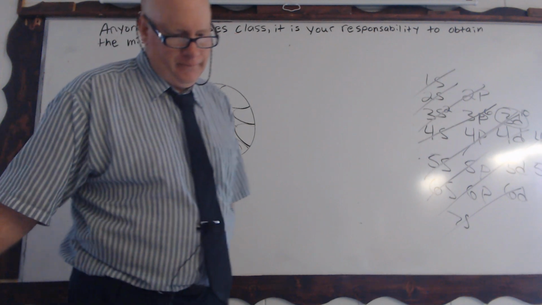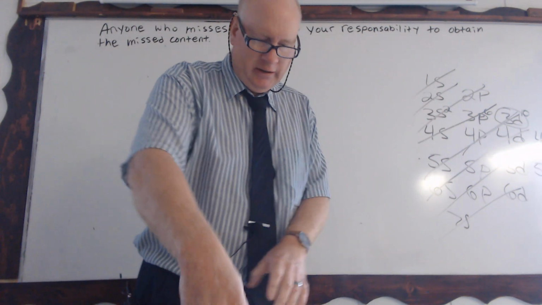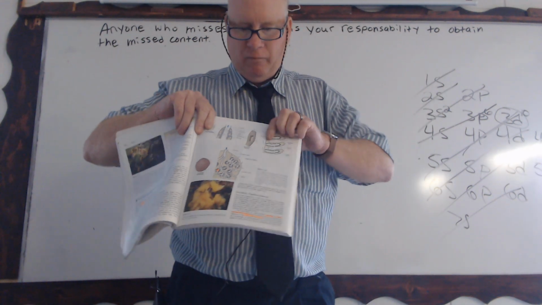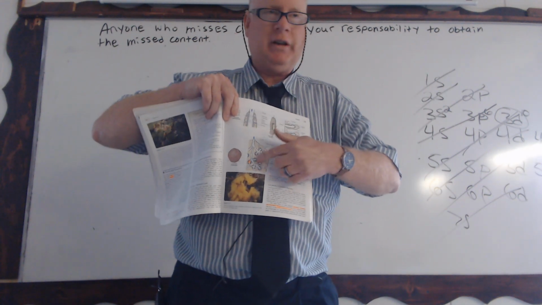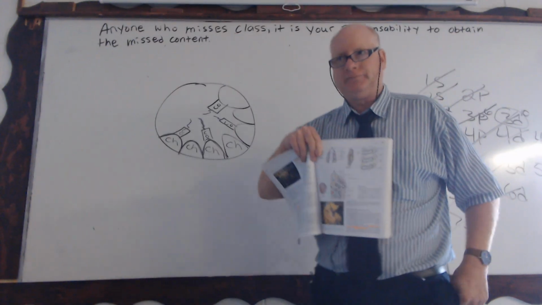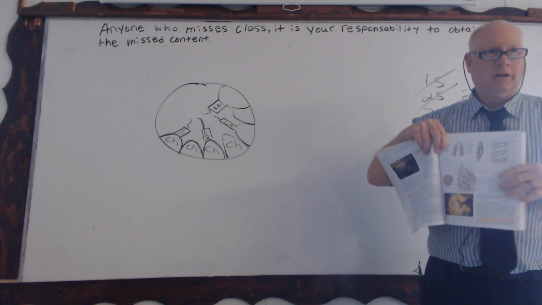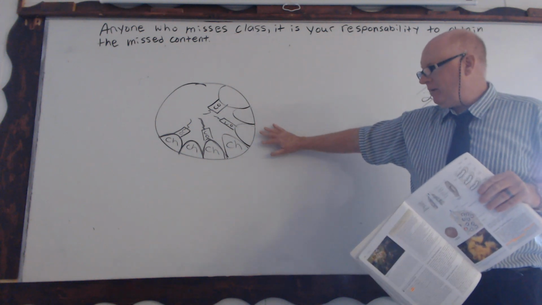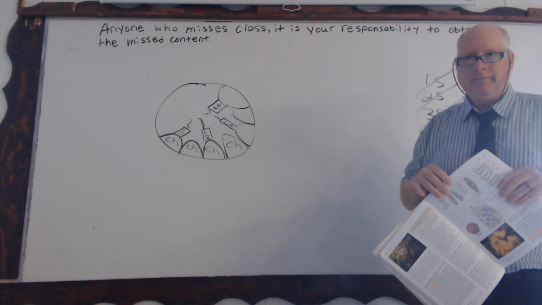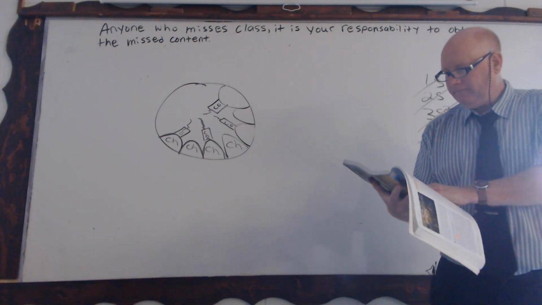Is it the top one here? Is it one like this, or do you think it's one like this? If you look up at the board, that would be a clue. Where do you see something similar to this? Second one on page 115.